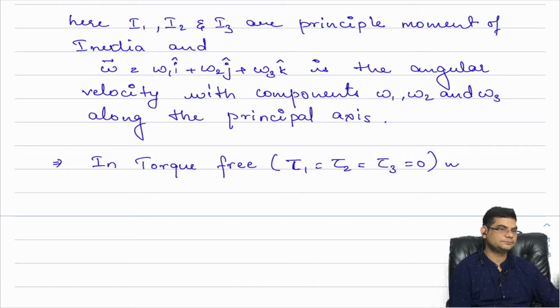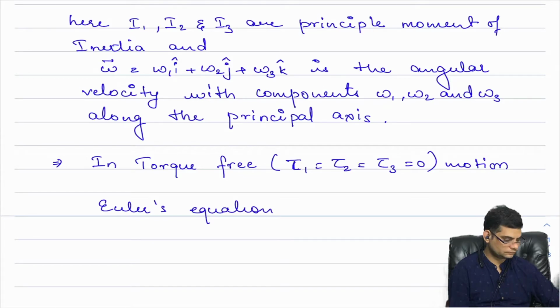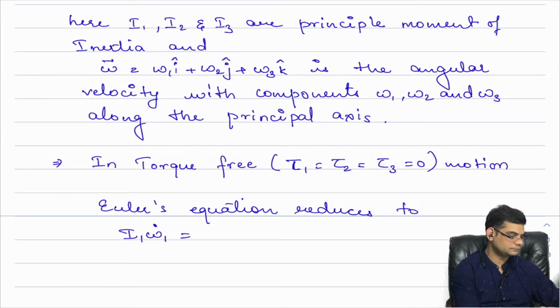In this motion Euler's equation reduces to I1 omega 1 dot is equal to I2 minus I3 omega 2 omega 3.